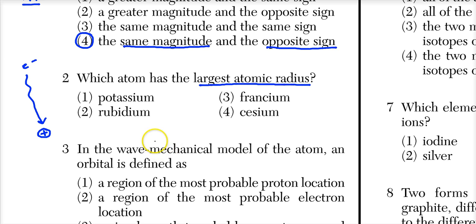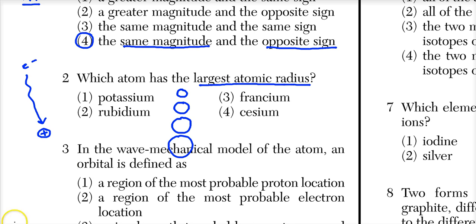Now you can go directly to Table S, or you can use your understanding of the periodic trends. You should know, as you go down a column, the atoms get bigger because you're adding extra shells of electrons, or because there's more shielding of the inner core electrons from the outermost. So I'm going to do both for you.